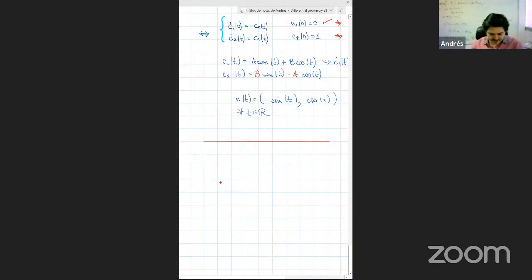So on the first example, the collection of all integral curves looks like this. In the second example, I forgot to mention this, but give me a second.